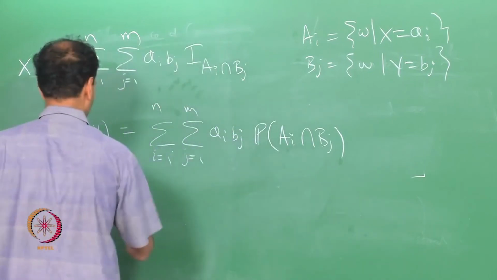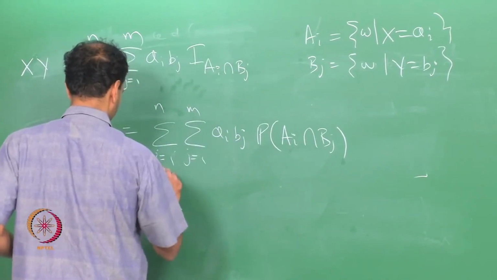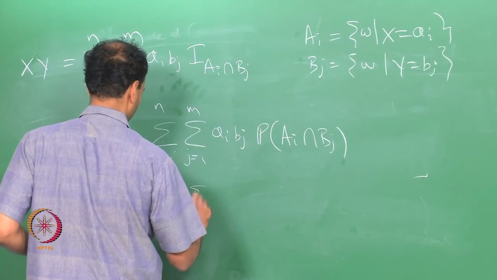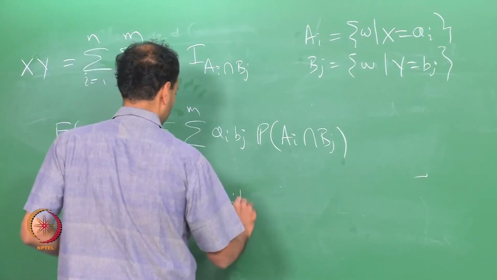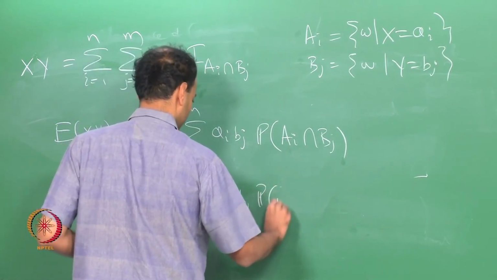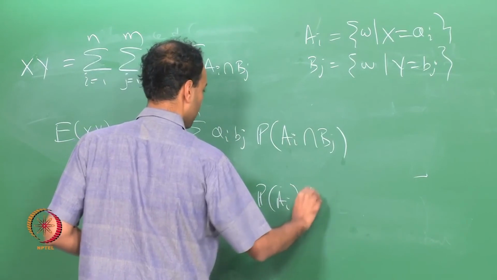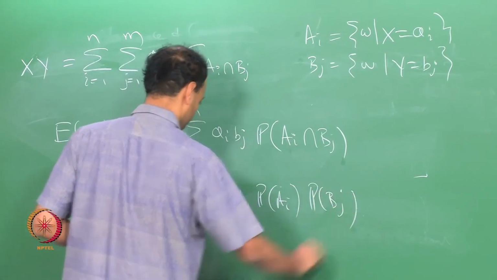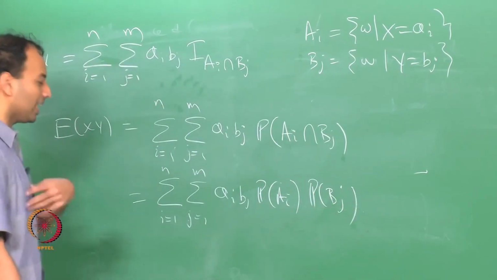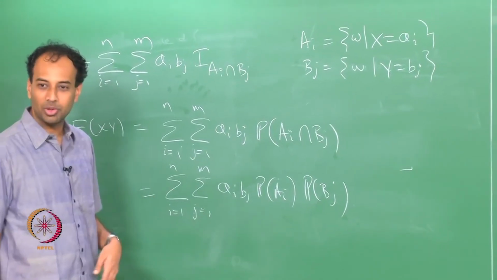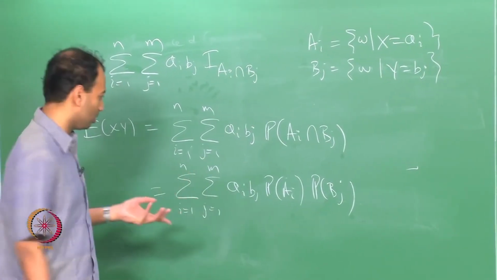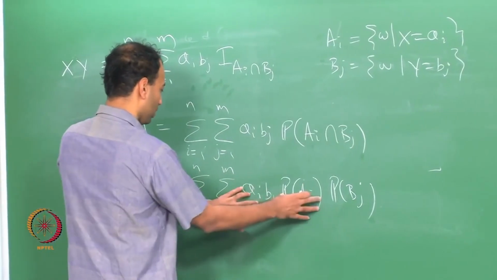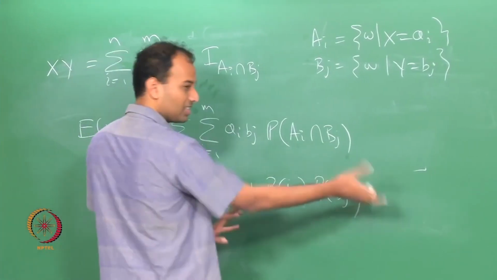So this will be equal to a_i b_j times P(A_i) times P(B_j), right. Now the a sum and the b sum come out: you can take the i summation, since this only has i's and the other has the j's.